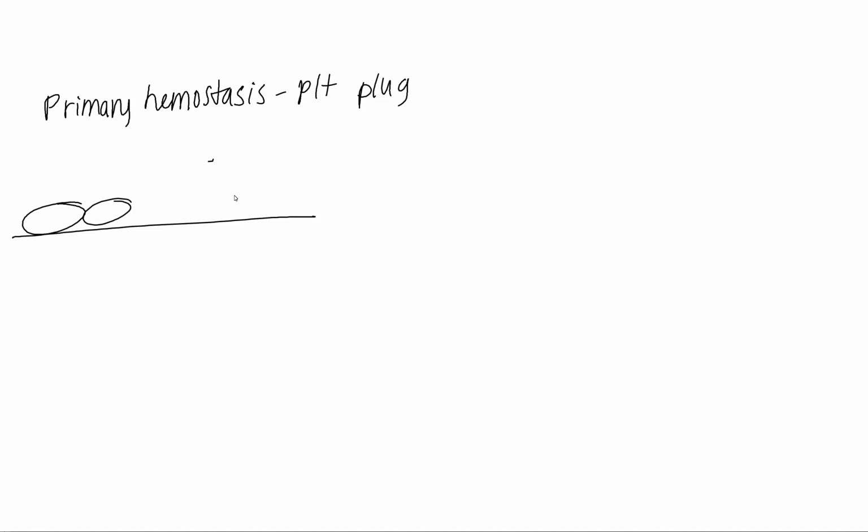So the first thing that we're going to talk about is primary hemostasis, and this is our platelet plug. I'll set the stage, we have our endothelial cells here, and then something is going to come in and disrupt that layer.